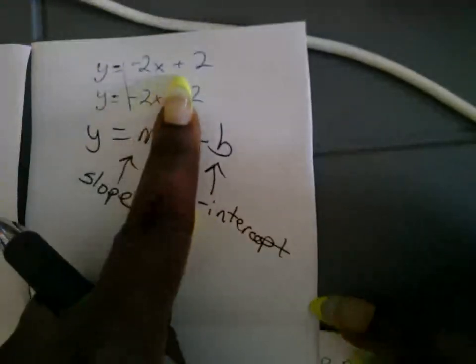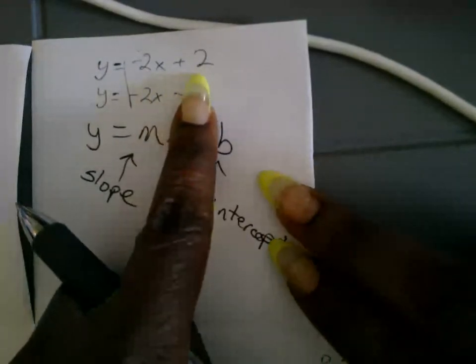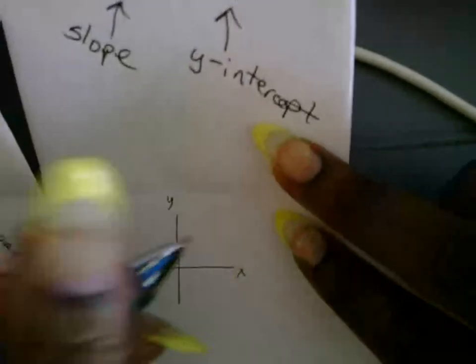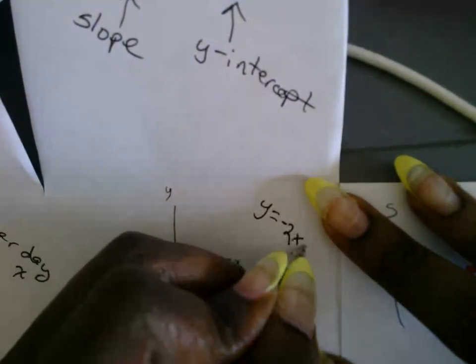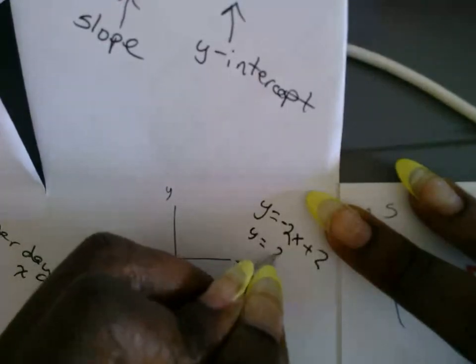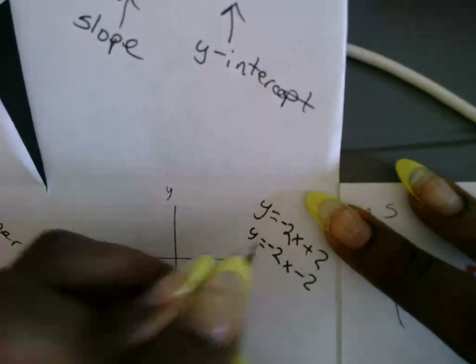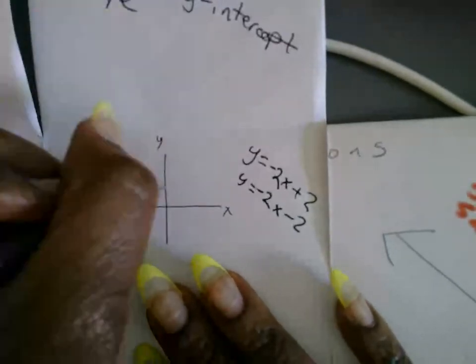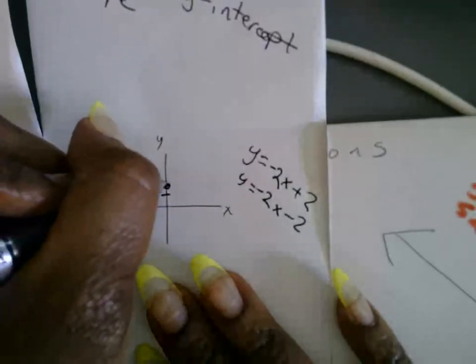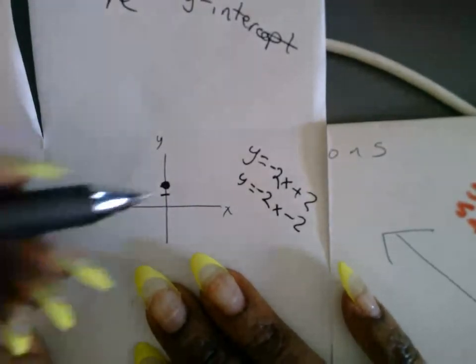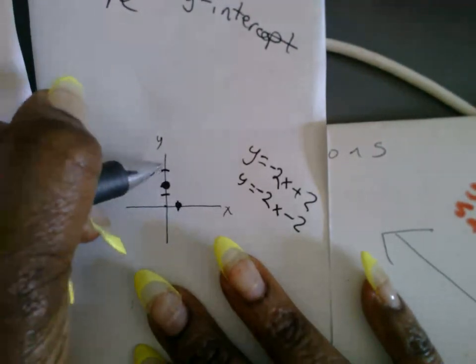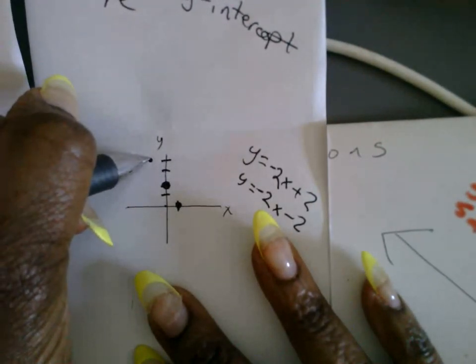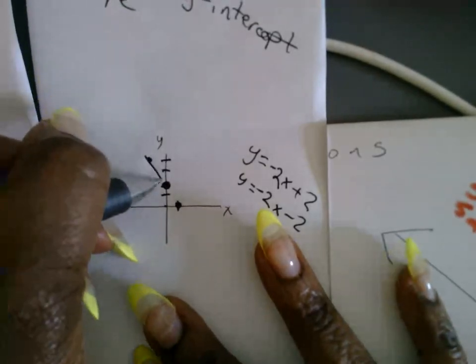All right, so the first one intersects the y-axis at +2. I'm going to write my equations so I can see them. Y equals +2, and then the slope is -2/1. So you're going to drop 2, run 1, or rise 2, left 1.